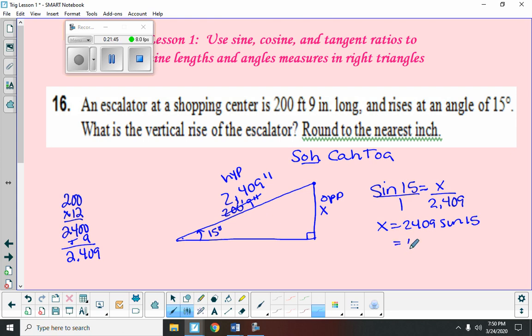And you get approximately 623.5. 623.5, that would be inches. We can at least leave our answer that way, or round to the nearest inch, which is 624.